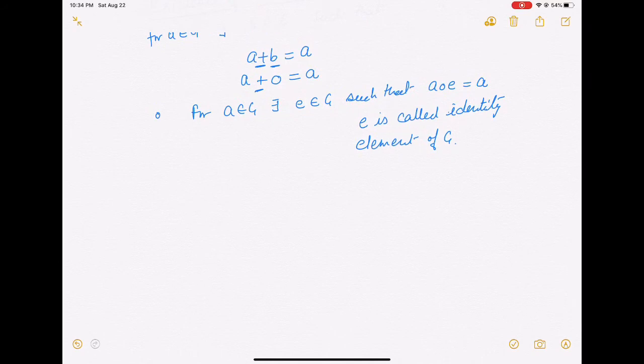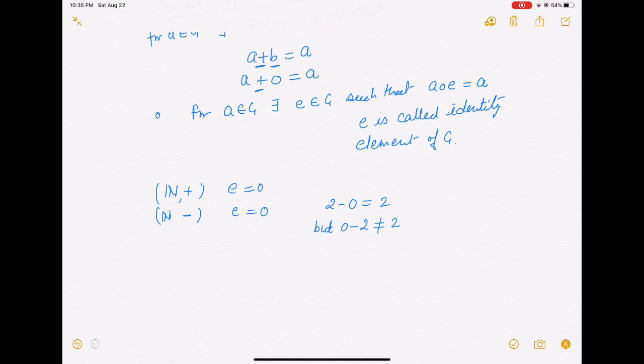In case of plus, obviously 0 is the identity element, as we have seen. Similarly, what about the minus? So again, the identity element E is 0 here, because 2 minus 0 is 2. But 0 minus 2 is not 2.